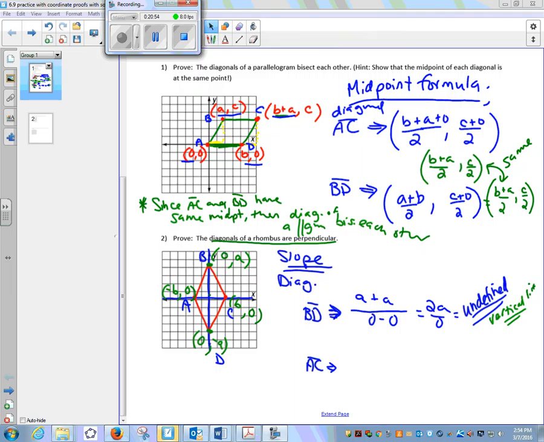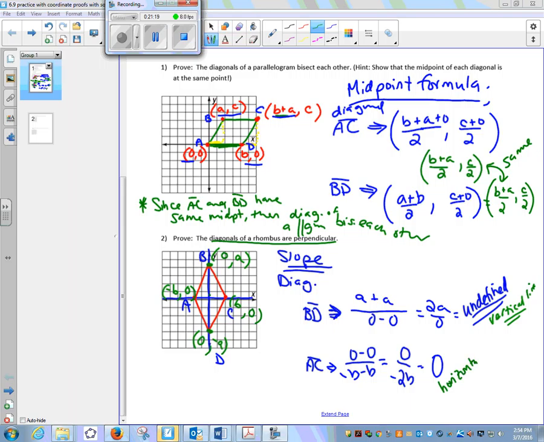And then we do the slope of AC. I'm going to have 0 minus 0 on the top, and negative b minus b on the bottom. And I get 0 over negative 2b. 0 over anything is 0. So now we have an undefined slope, and we have a 0 slope. What kind of a line is a 0 slope?